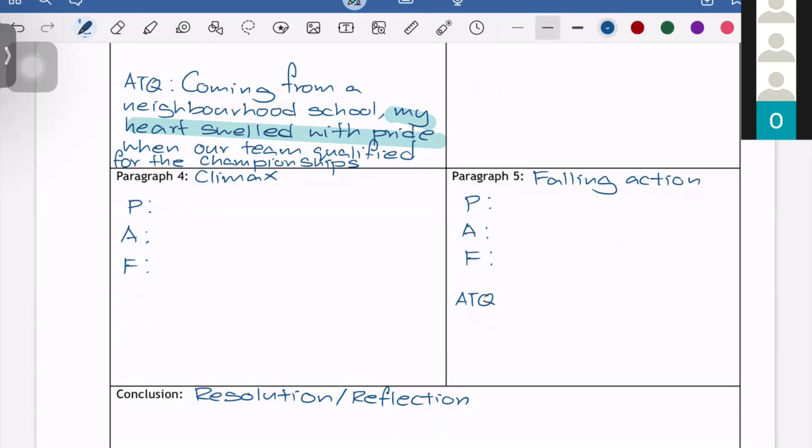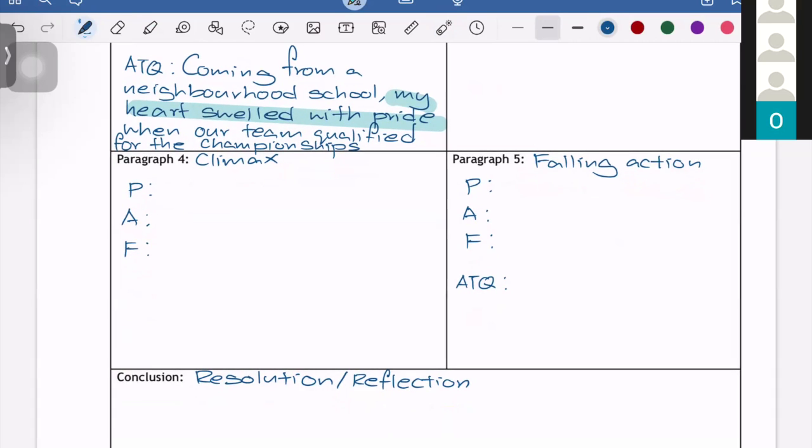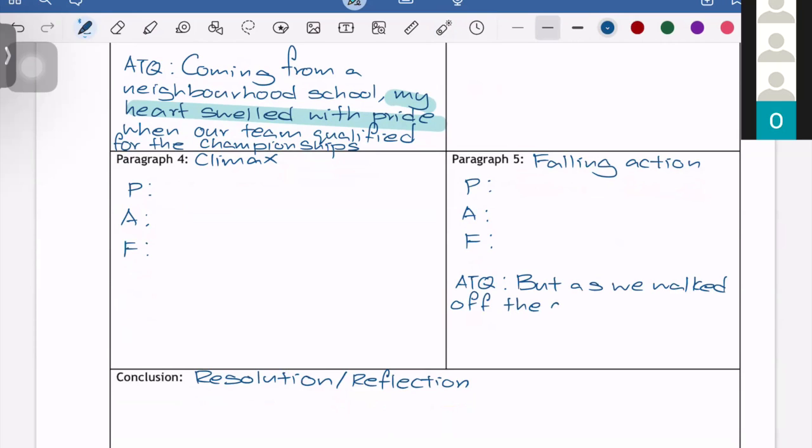So in my story, I would say that my team did not win in the end. However, we defended ourselves very well. So despite losing, as we walked off the court, you still felt a surge of pride.